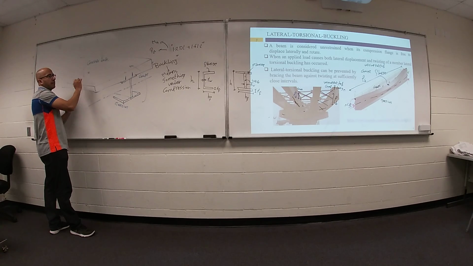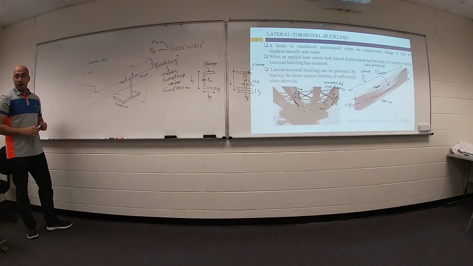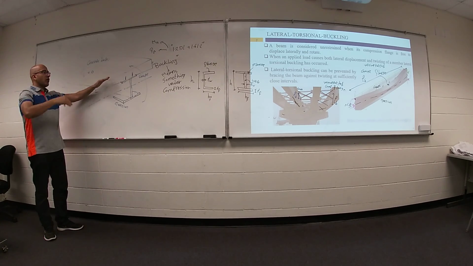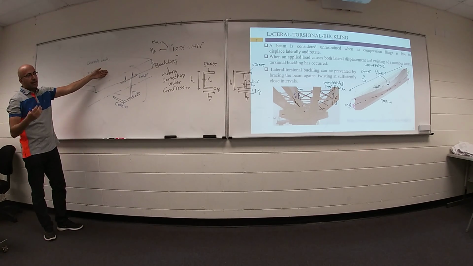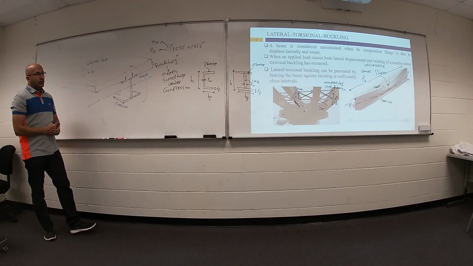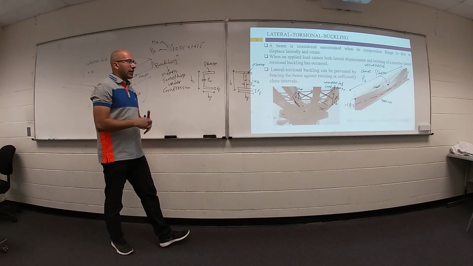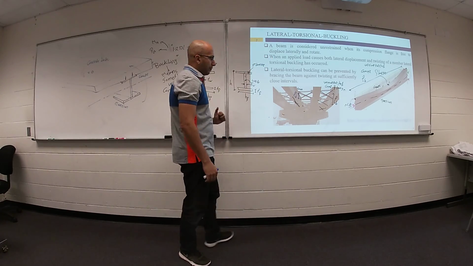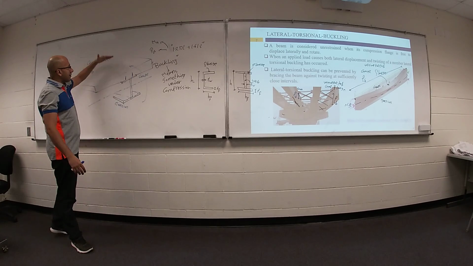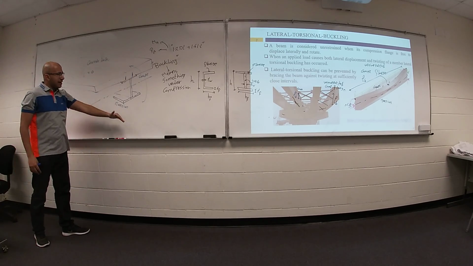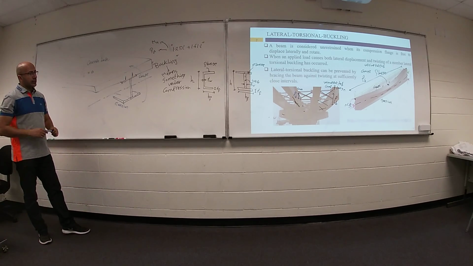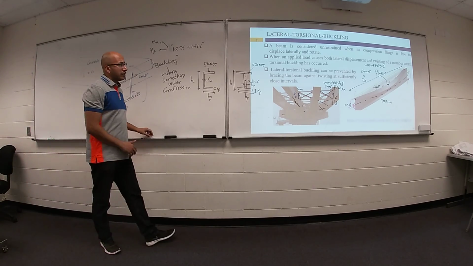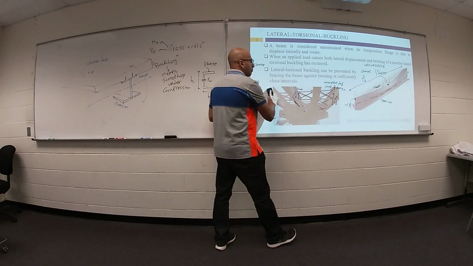So your unsupported length equals 0. Every inch of your flange is supported by another element, the concrete slab. So sometimes, if you don't have concrete, we need something else to provide support, like bracing. Sometimes we have a concrete deck on the beam, so the unsupported length equals 0, continuous support.